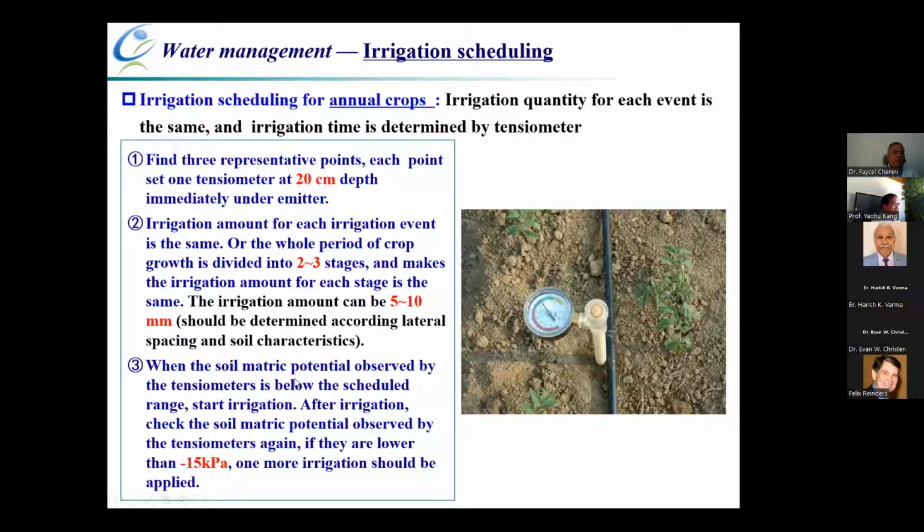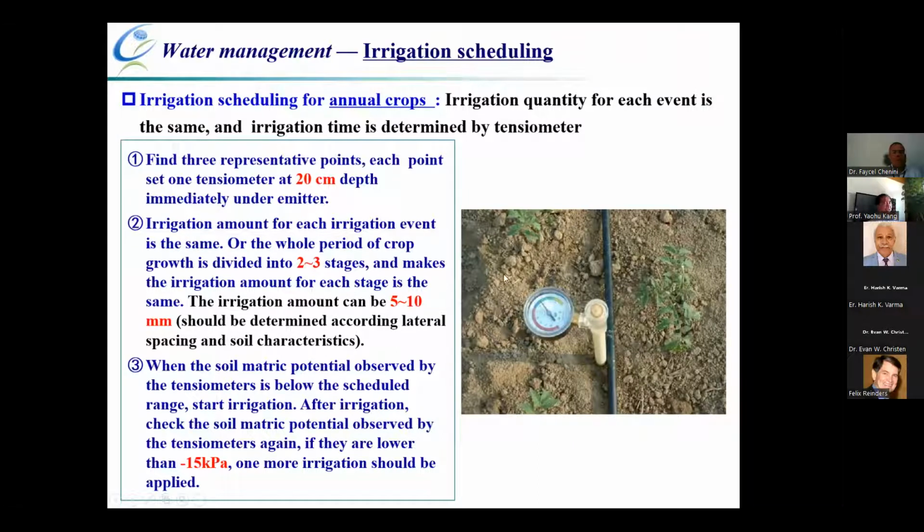When the soil moisture potential observed by the tensiometer is below the scheduled range, start irrigation. After irrigation, check the soil moisture potential observed by the tensiometer again. If it is lower than minus 15 kilopascals, 1 more irrigation should be applied.